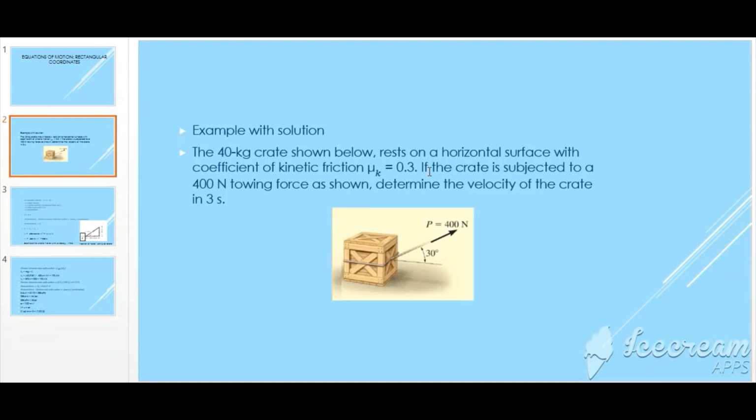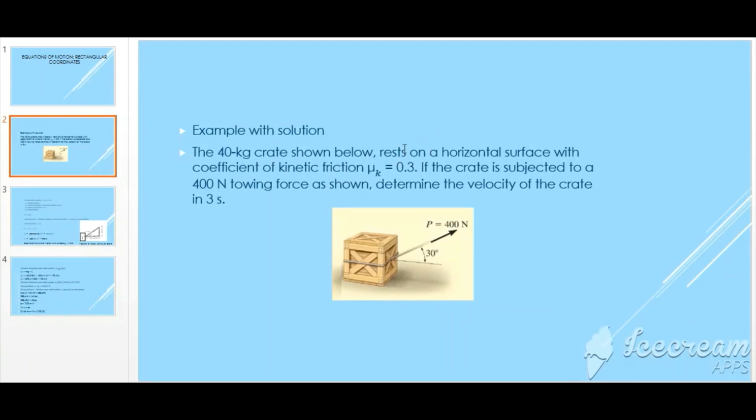If the crate is subjected to a 400 Newton towing force as shown, determine the velocity of the crate in 3 seconds. The force is 30 degrees above the horizontal line, and the coefficient of kinetic friction is 0.3.